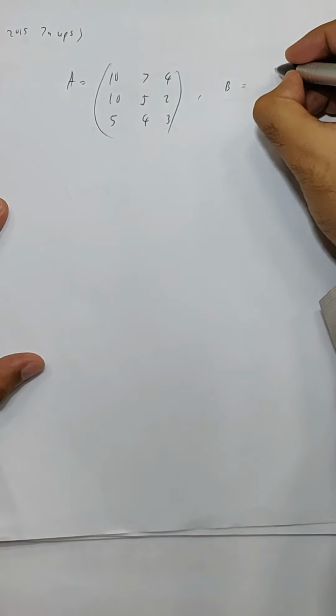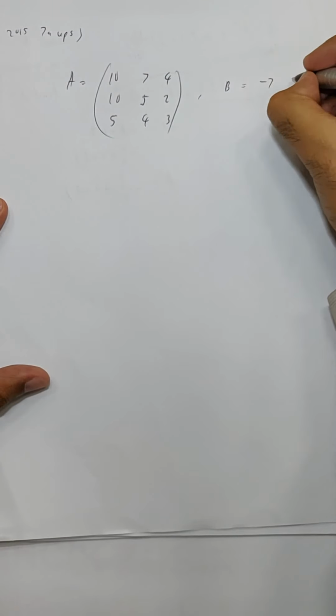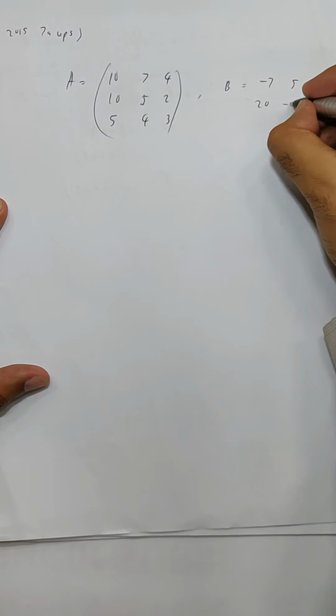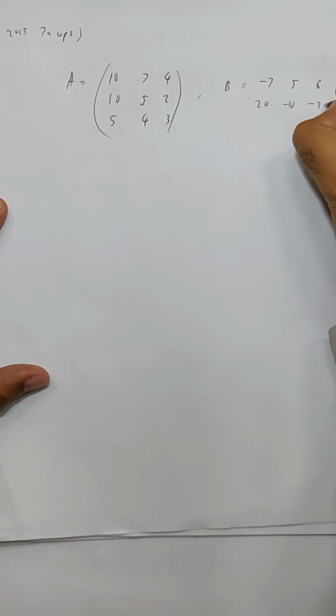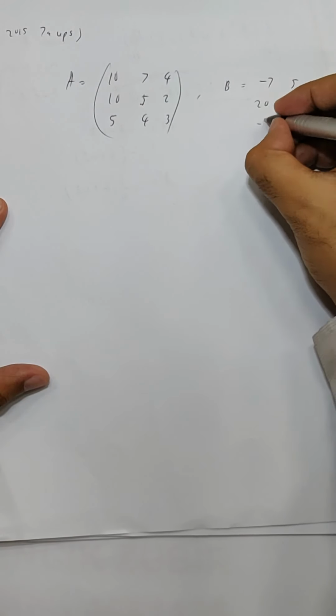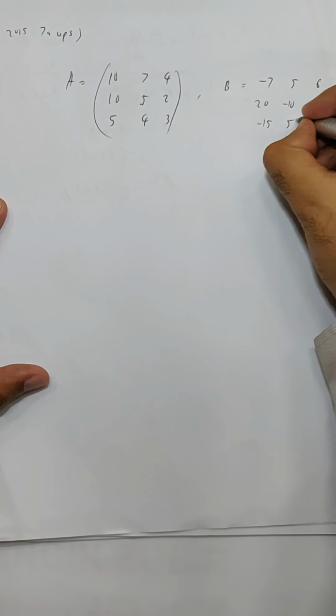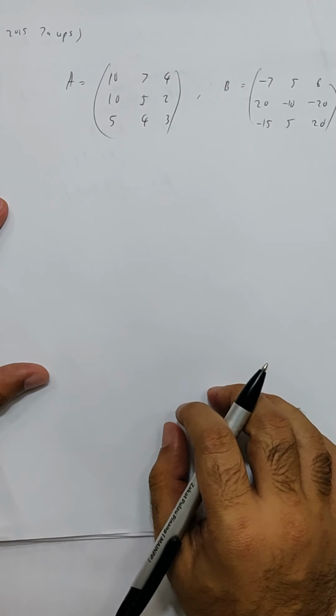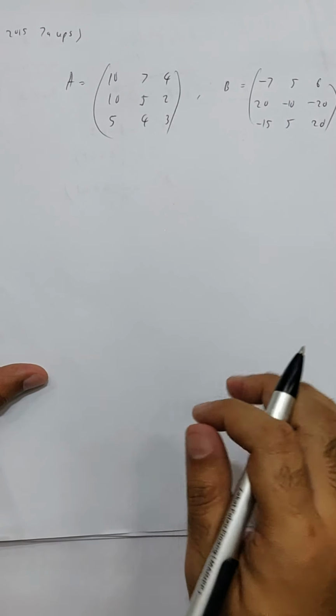And B, negative 7, 5, 6, 20, negative 10, negative 20, negative 15, 5, 20. And then the question continues with this.